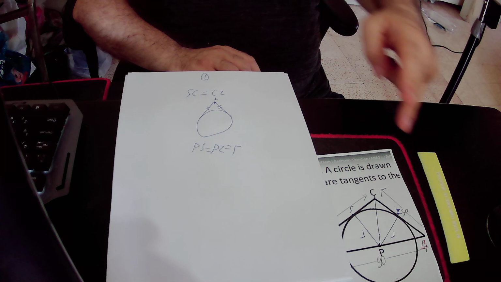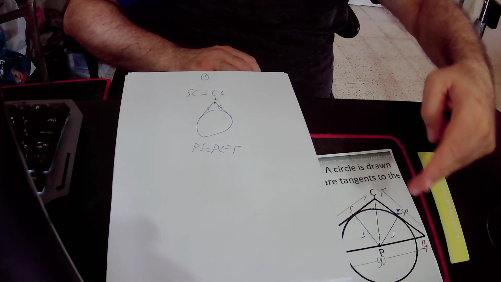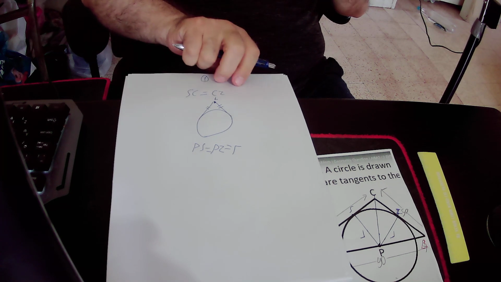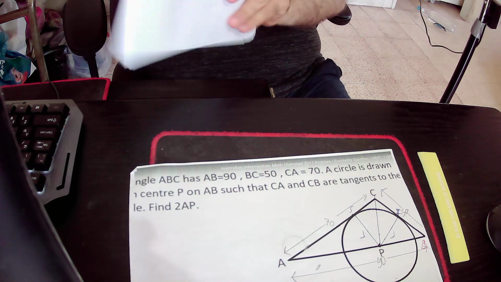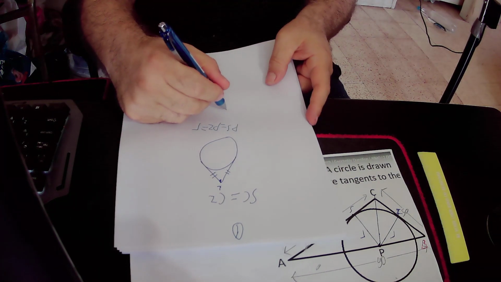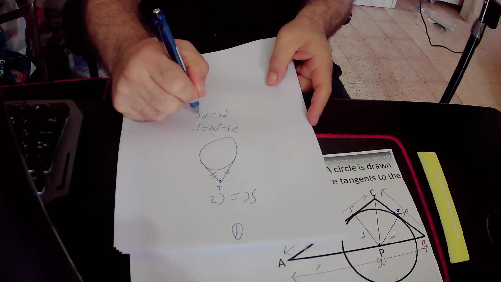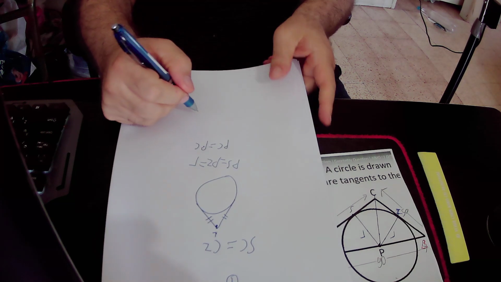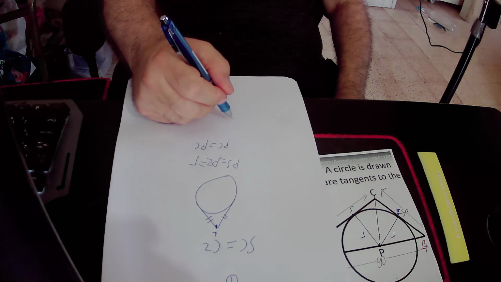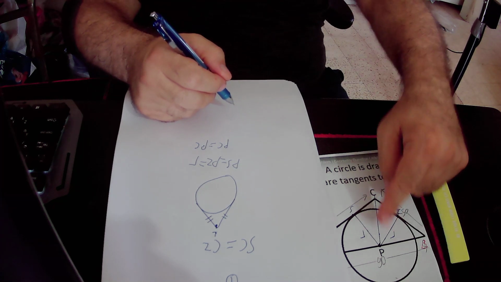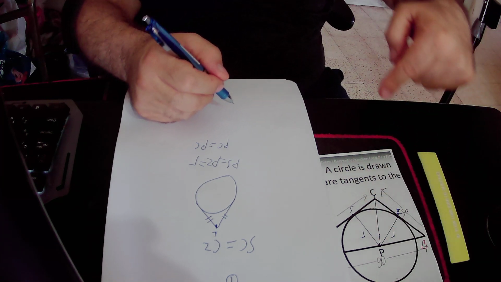PS equals PZ equals R. And also PC equals PC. So we can say that this line equals itself.